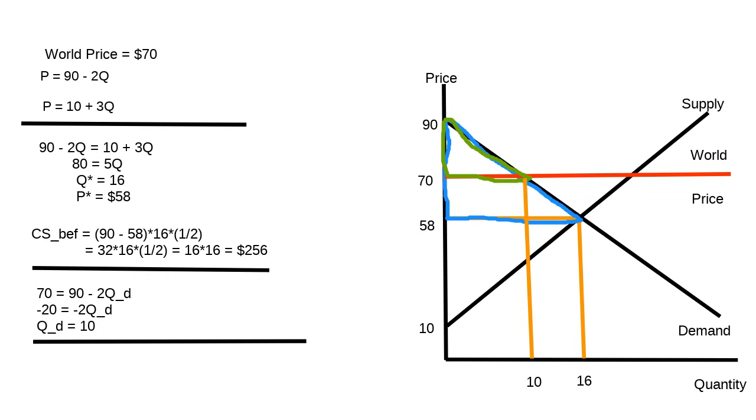So in the end, the question wanted to ask, essentially, what is the difference between these two quantities? And now we have the two quantities. So what it was asking is consumer surplus before trade, or in a closed economy, versus consumer surplus after trade, or in an open economy.